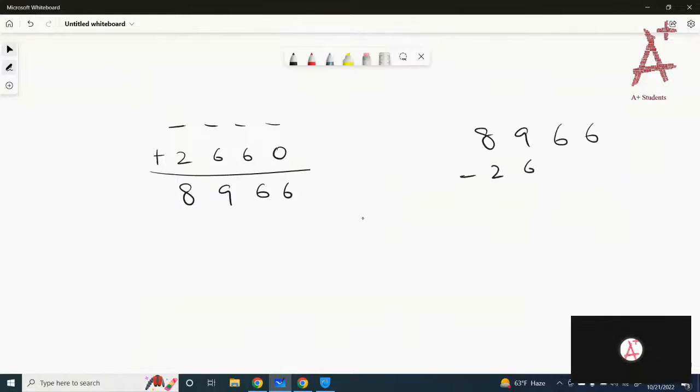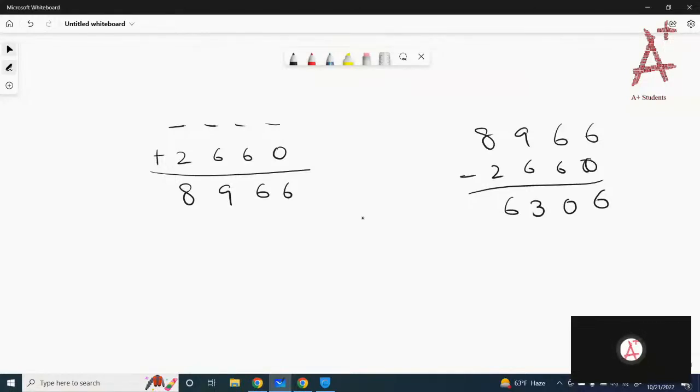8966 subtract 2660. So 6 subtract 0 is 6. 6 subtract 6 is 0. 9 subtract 6 is 3. And 8 subtract 2 is 6.